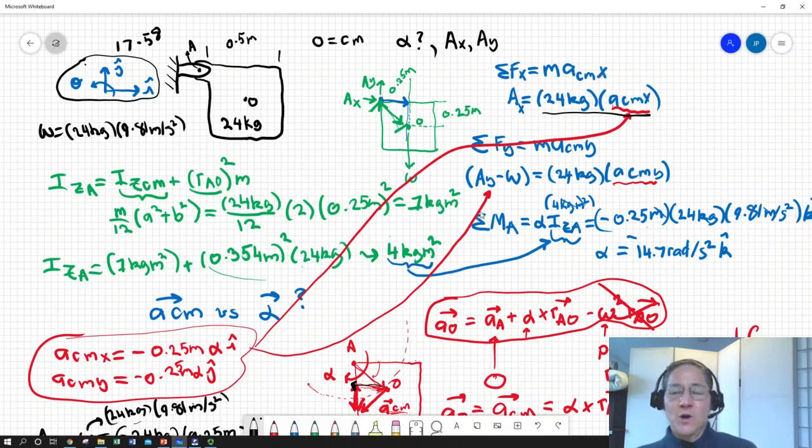Then take the sum of the moments and set it equal to the rotational acceleration times the moment of inertia, which will be different depending on what point you're taking it about. Generally speaking, the bomb-proof way of doing this is to always take the sum of the moments about the center of mass, and then use the moment of inertia about the center of mass. In this case, we were able to use a different point without invalidating our relationship.